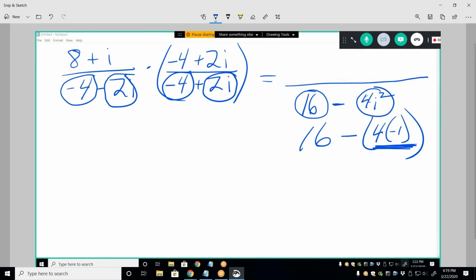Do that first. What do you get? So it's 16 minus, when you do what I said to do, you get that. Minus 1 times 4 is a minus 4. So it's 16 minus a minus 4. So it's 20.